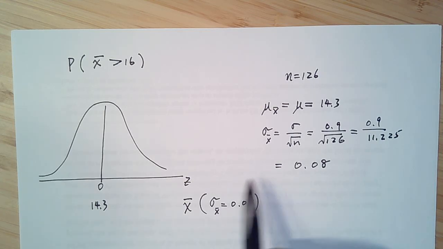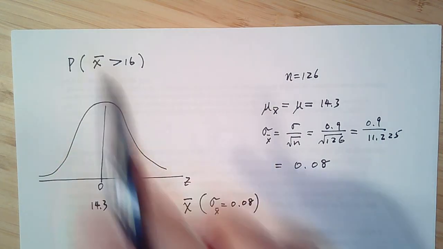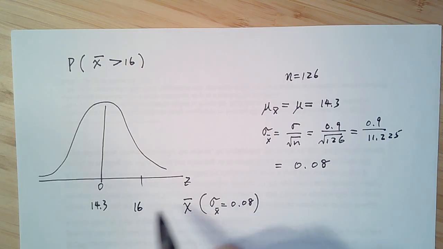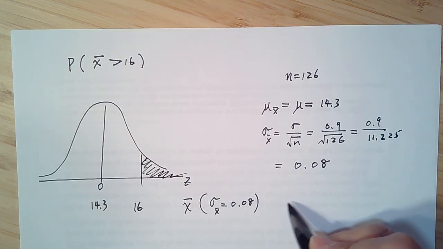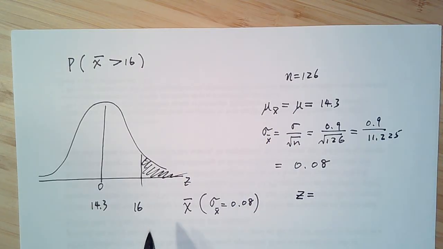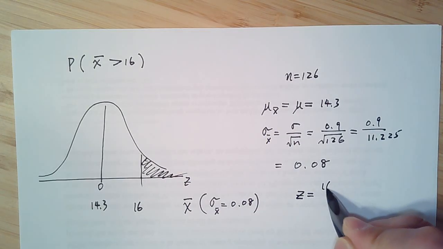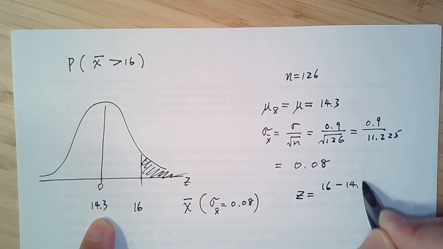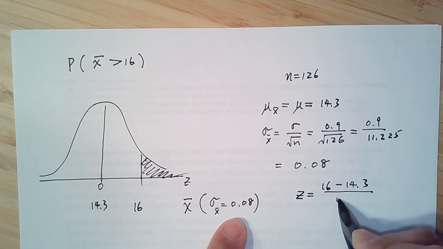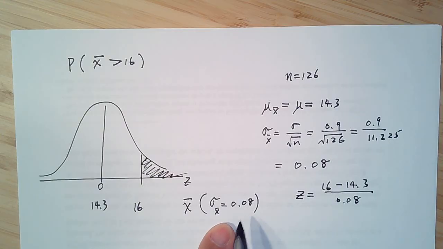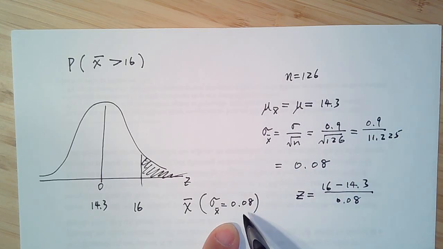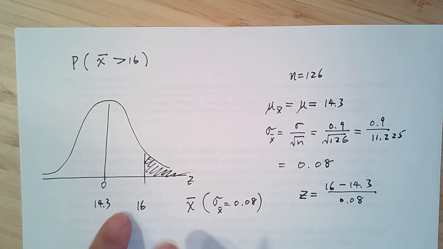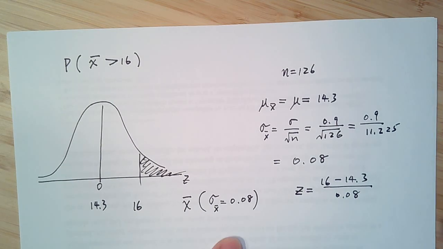Now we look for the probability that X bar is greater than 16. So here's 16, and we're looking for this area. We need to find the z-score for 16 minus 14.3 divided by 0.08. Now you see the benefit of why I ask you to write the standard deviation here, because you won't get confused about whether you should use 0.9 or this one. You see, here it's this number minus the mean divided by the standard deviation right away.